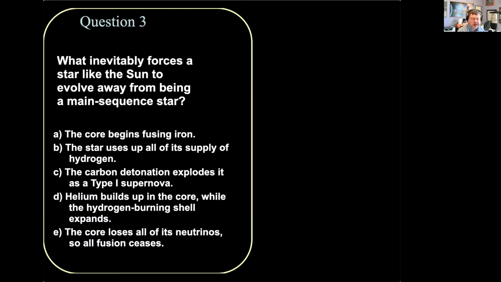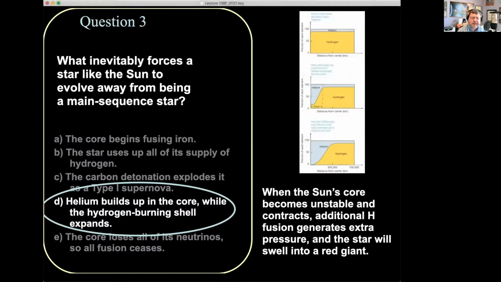E, the core loses all its neutrinos, so all fusion ceases. And that's correct. The answer is D. And as the shell gets bigger, there's more burning going on, so it generates more energy.